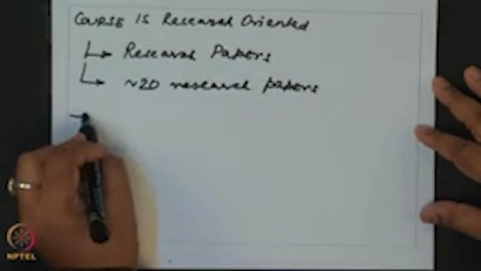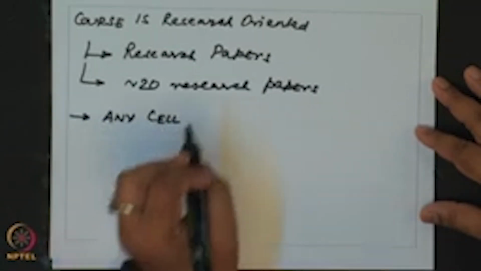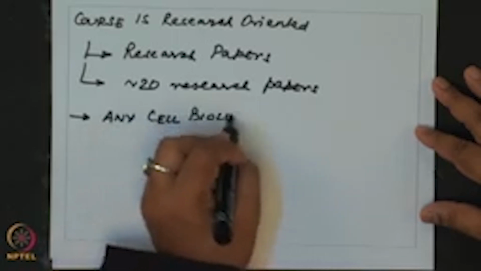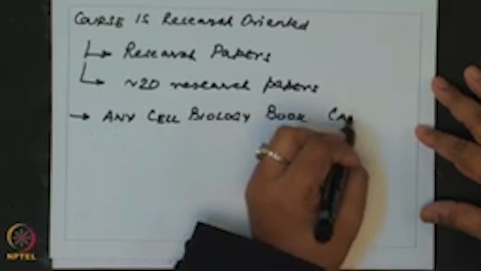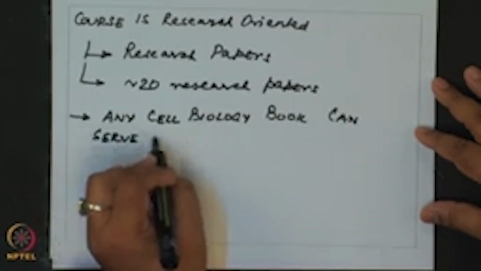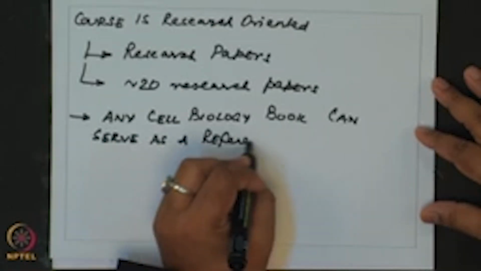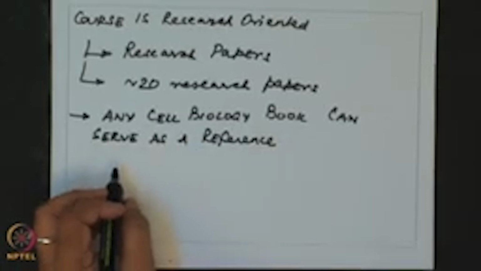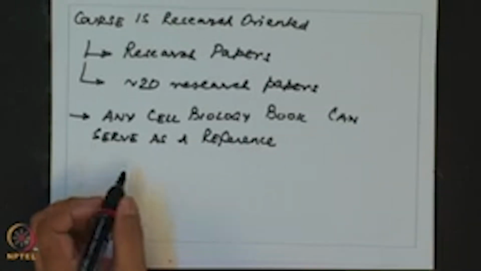And any cell biology book can serve as a reference. For example, Bruce Alberts or Karp or Lodish, any of these.